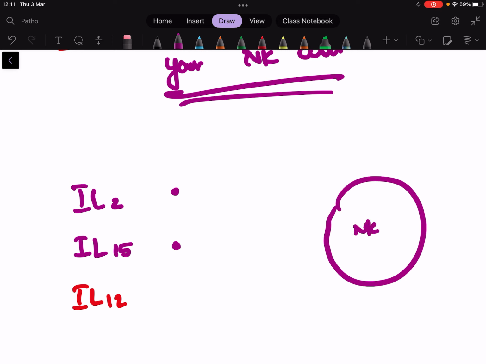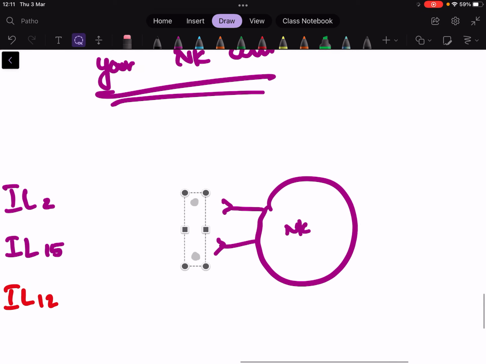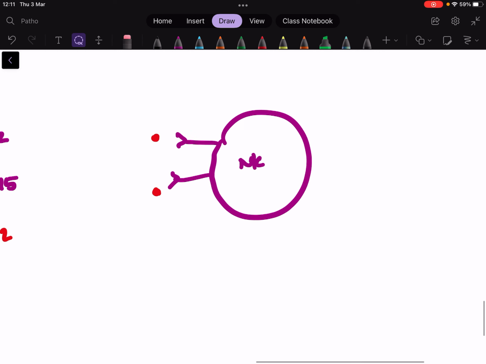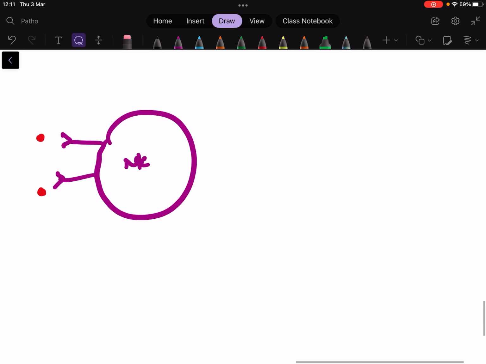This natural killer cell is going to have receptors for your interleukin 2 and interleukin 15. So once the interleukin 2 and interleukin 15 go and bind with the natural killer cell, as you can see here, the natural killer cell is going to get proliferated.